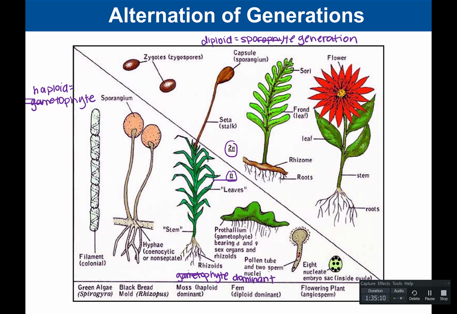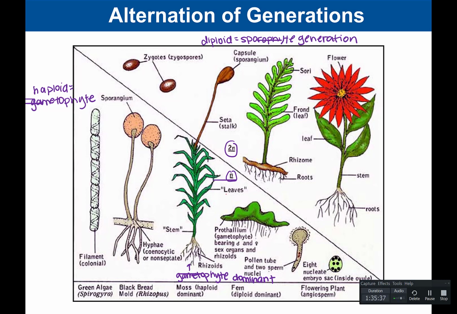Of the plants, they are the only ones that are gametophyte dominant. The other plants, so the ferns, the conifers, the flowering plants, are all sporophyte dominant. However, the mosses are gametophyte dominant, which means that the bulk of the plant is actually the gametophyte generation.